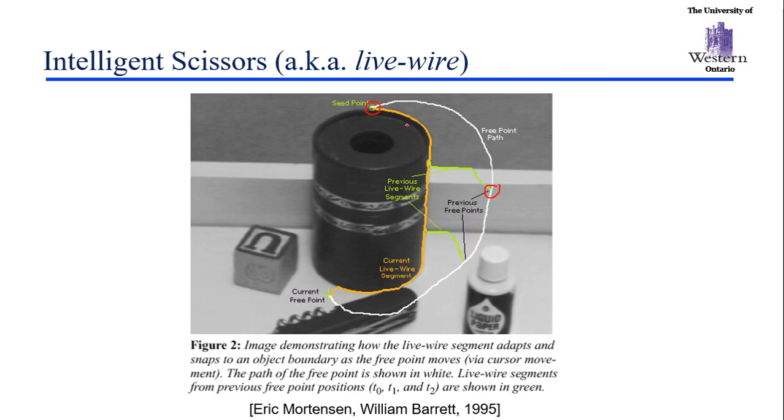Then you will notice that the line from the mouse clicked point, that is the seed, to the mouse right now will follow a path, and it will usually cling onto the image boundary. Next, you click here again. Then once again it will cling on to the image boundary and reach the mouse where it is right now. So with a few clicks you can complete this segmentation. Here you can see it will cling on to points where the image gradient is high.